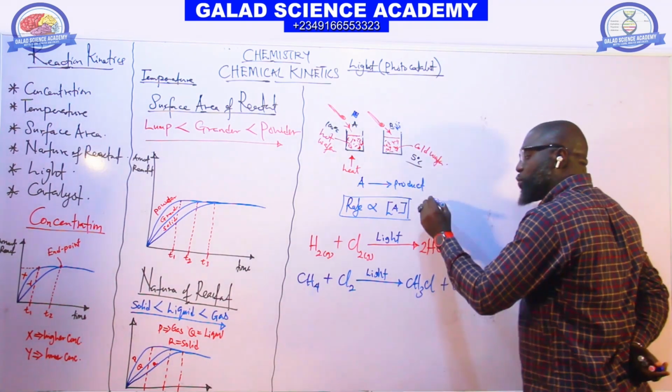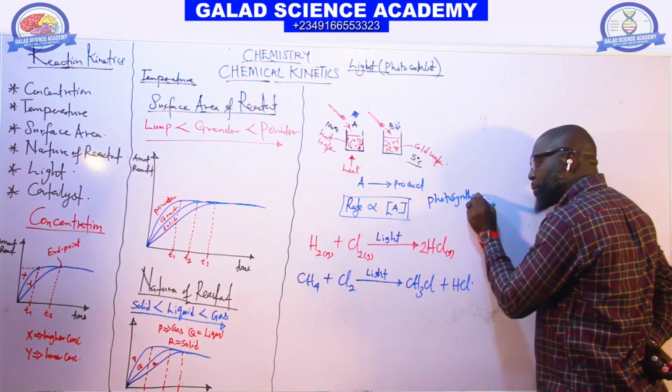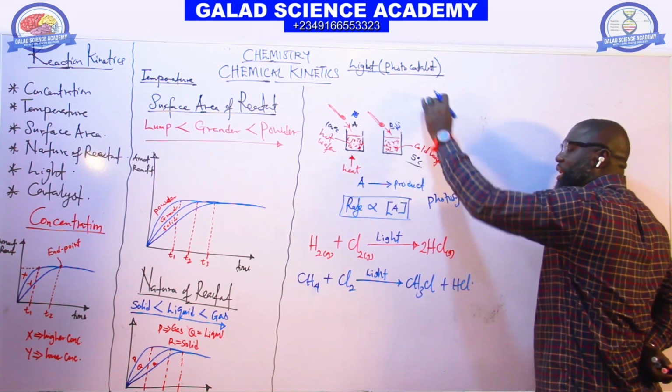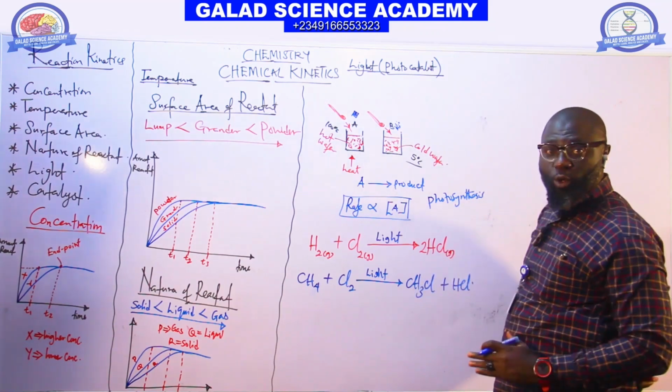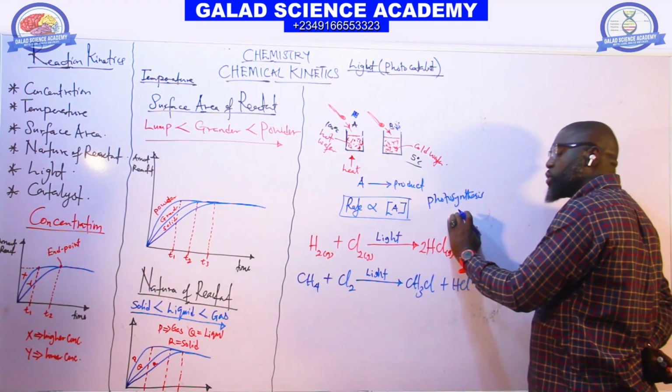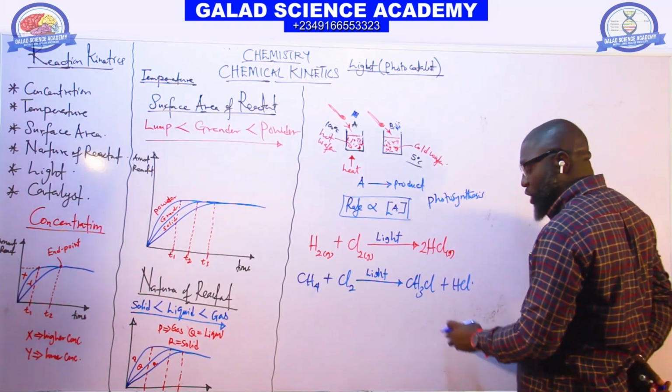And we also have another reaction, which is photosynthesis. Photosynthesis in the green plant is also a good example of a photocatalytic reaction. It is a process whereby green plants manufacture their own food by making use of CO2 and water, in the presence of sunlight, which serves as catalyst, to give us glucose.